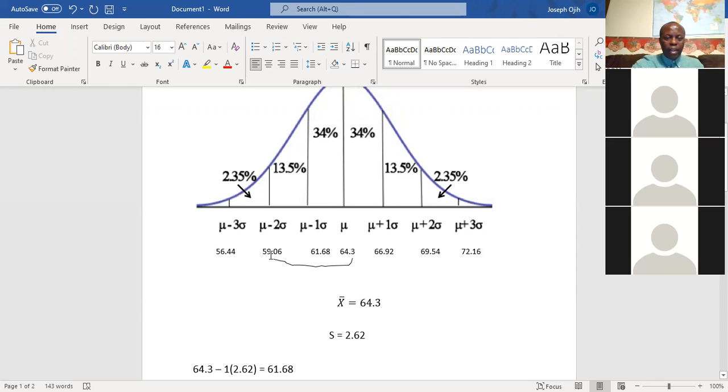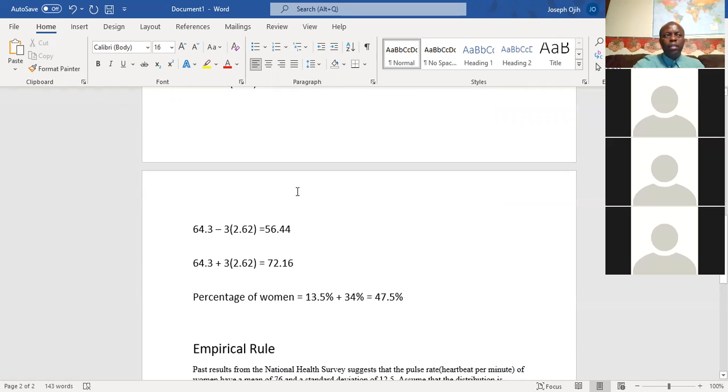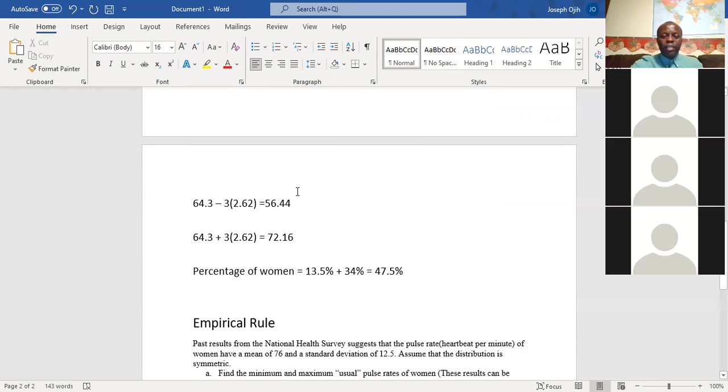So from here, you see my line? I draw a line from here to there. So from here, the boundary included in that line is 34 and 13.5. So you add them together. That's how I got it. Is that the question you asked? Sure, yes. Go ahead. Does that answer your question?